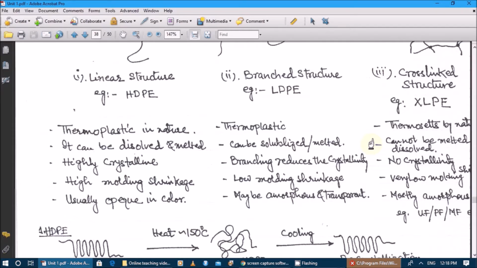And XLPE, which is an example of cross-link polyethylene, is thermoset by nature. Once molded, it cannot be melted or dissolved in any solvent.